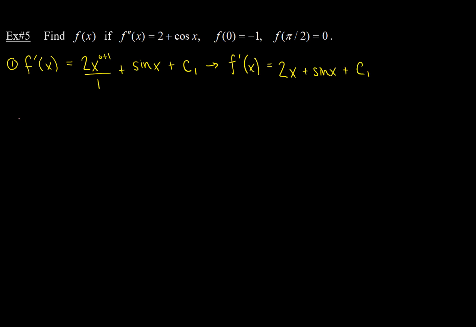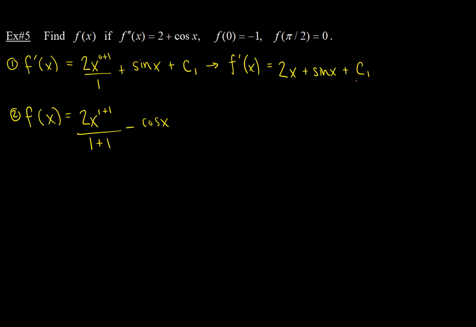All right, next, I'm going to take the antiderivative again. So here, I'm going to have 2x to the 1. I'm going to add 1 to it and divide by that power. Next, the antiderivative of the sine of x is going to give me negative cosine of x.